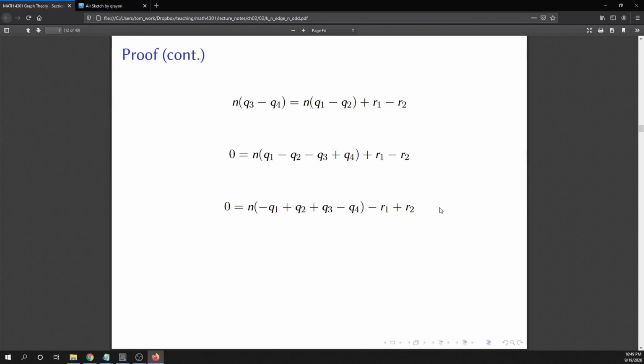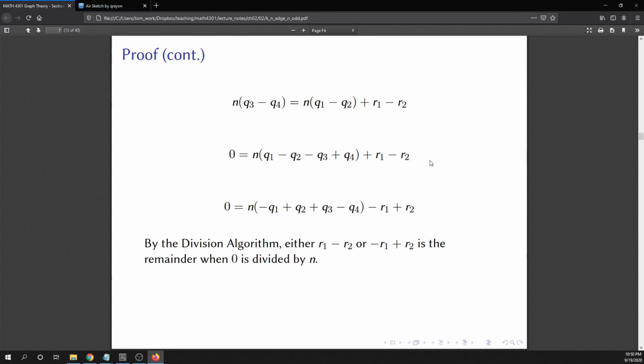All right, so one of these has to be positive, either r1 minus r2 or minus r1 plus r2, or they could both be 0. So one of them has to be the remainder when 0 is divided by n. If you think about this, let's just focus on this one for right now.